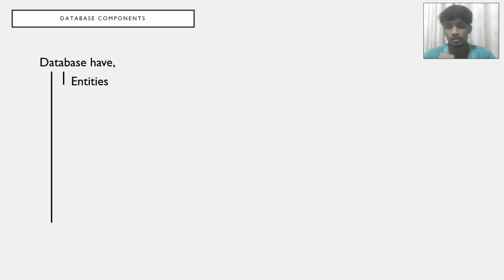Imagine the database management system of a school. There could be students, teachers, and staff, like that. Each of these components is an entity. We are considering each of these components as entities.